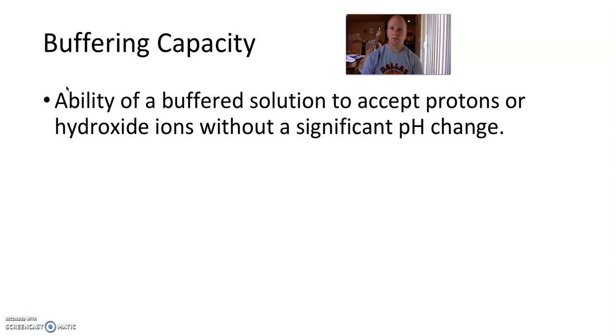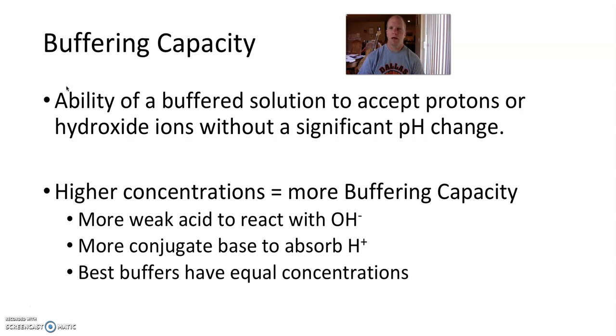However, if we make the concentration of our buffered solution higher, we have more buffering capacity. That means we're going to have more moles of weak acid and more moles of conjugate base in that buffering solution, which means it will be able to absorb more hydroxide or hydrogen without changing pH.